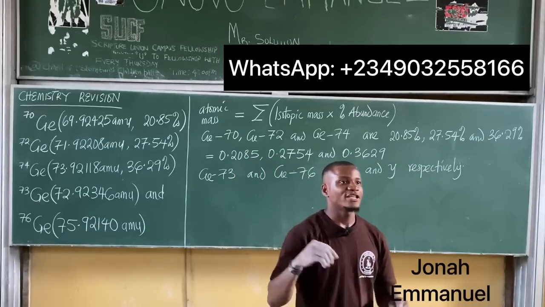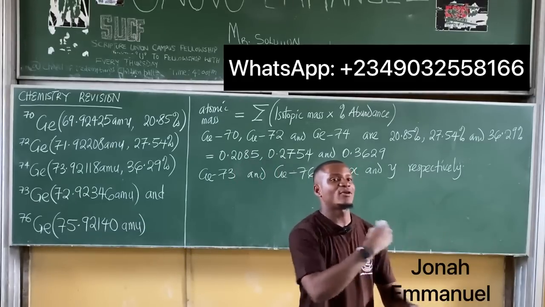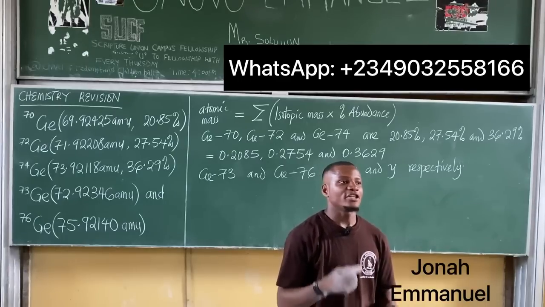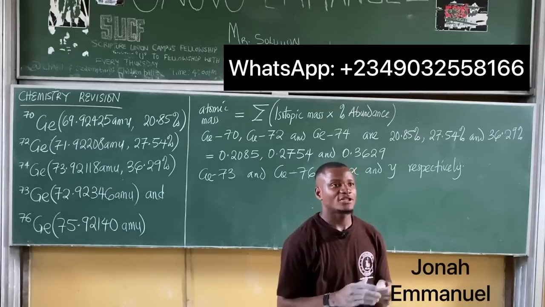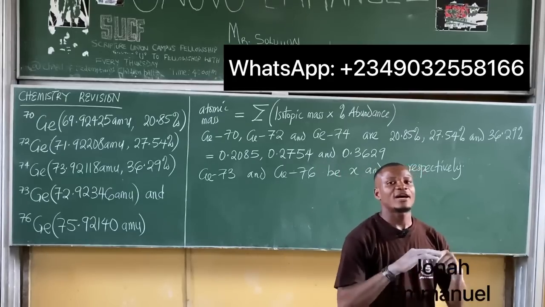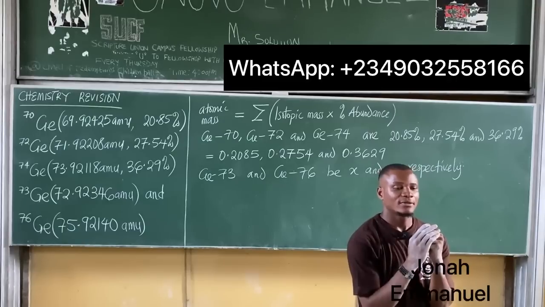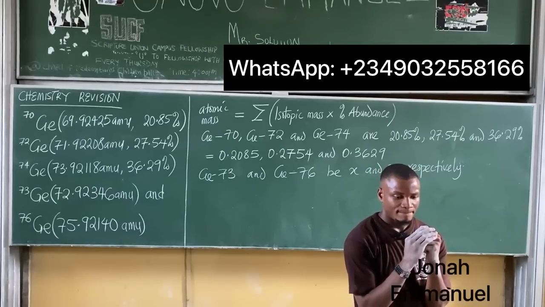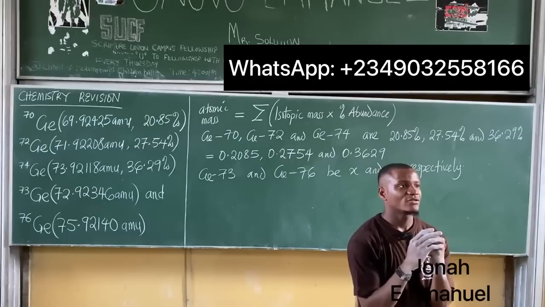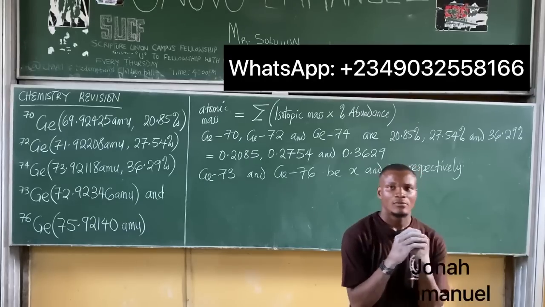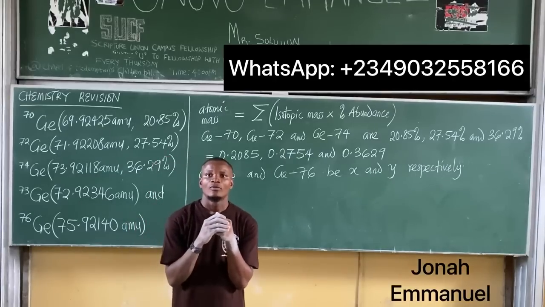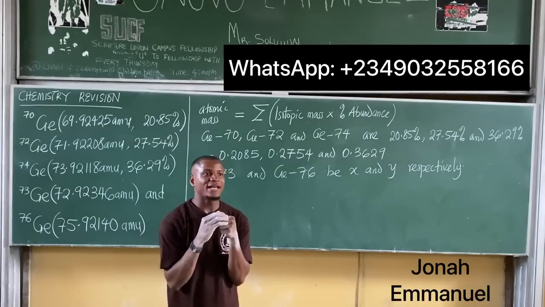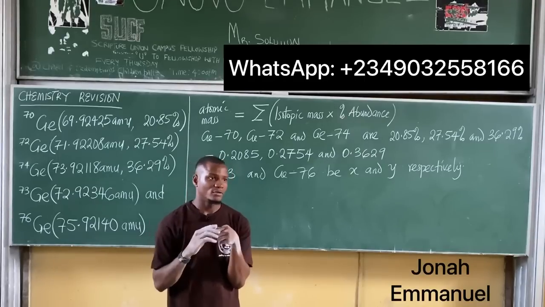Also recall that the sum of all fractional abundances in decimals for the isotopes of an element is equal to 1.